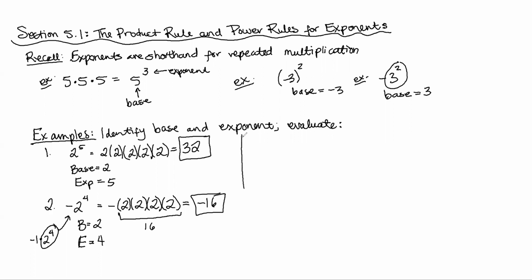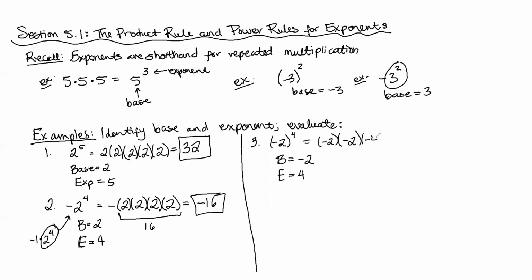And just to see this the other way, for number 3, we're given negative 2 in parentheses to the 4th. The base for this one, the thing that we're raising to the 4th power, is the entire negative 2. And our exponent is still 4. If we evaluate this one, since we're raising negative 2 to the 4th power, we're taking negative 2 and multiplying it by itself 4 times.